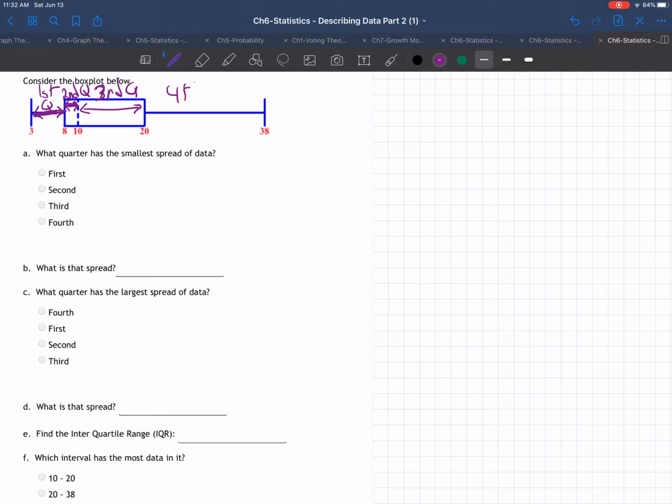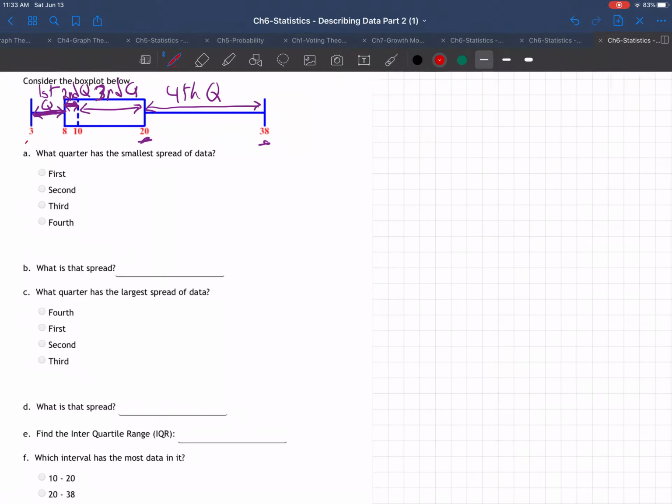And the fourth quarter is from there to there, so from 20 to 38. So it's breaking the data into 4 quarters, like a football game or a basketball game is broken into 4 quarters. So there's a whole bunch of data values which we're not seeing.